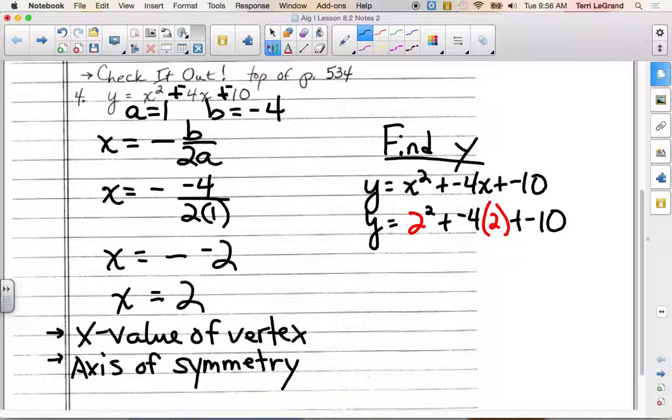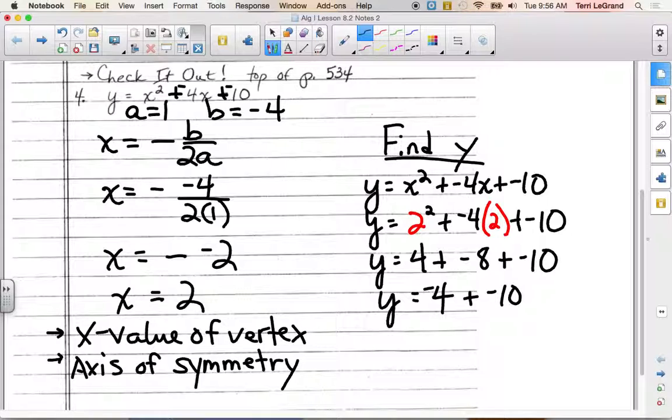And see what I get for y. I get y equals -14. What do you get? You think? Okay. We're on the same page there.